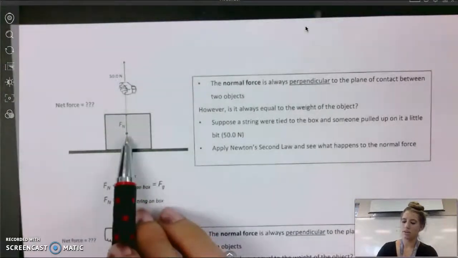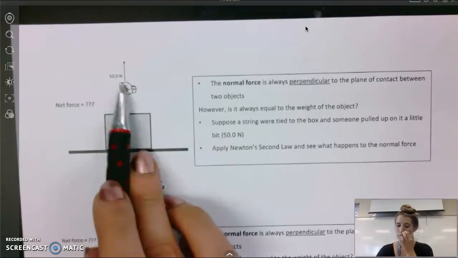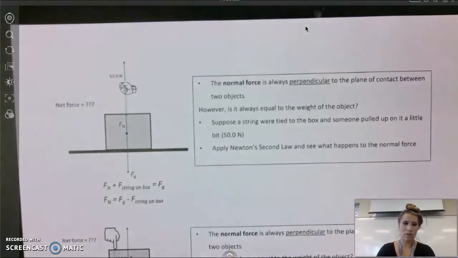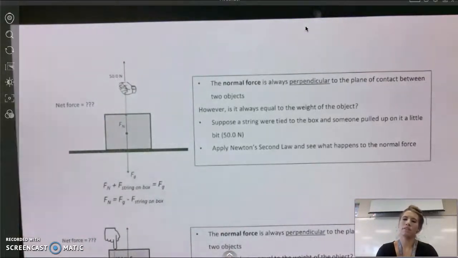In this situation, we have someone pulling on a string with 50 newtons of force, okay? But the object is not lifting off the table. It's still stationary. We're just pulling, we're relieving some of that weight, okay?